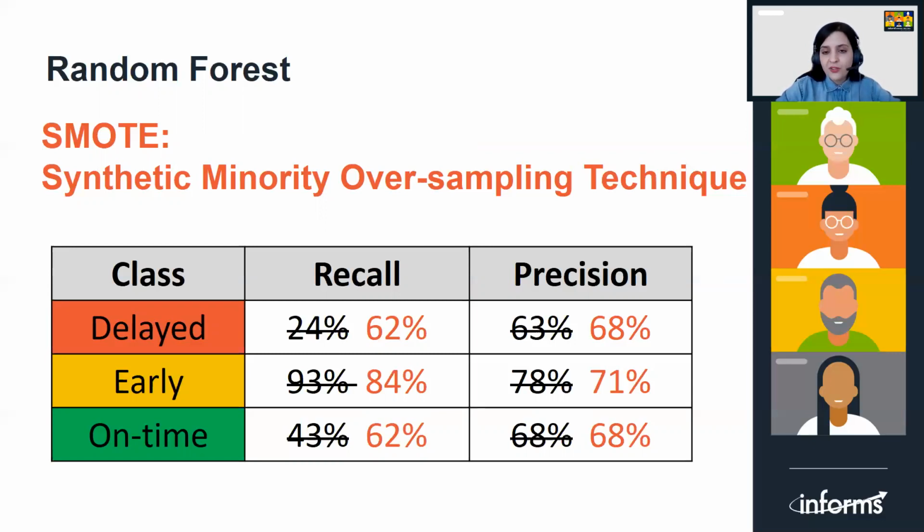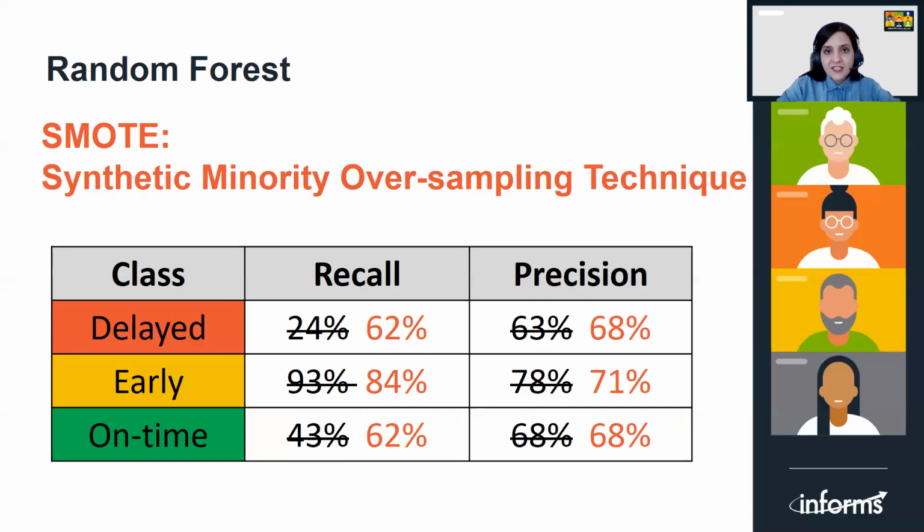Overall, our model is more than 68% of the time good at assigning the right departing train to the right class. However, using SMOTE has decreased our good performance in the early departures. This is the current status of our results, which we are working on improving.